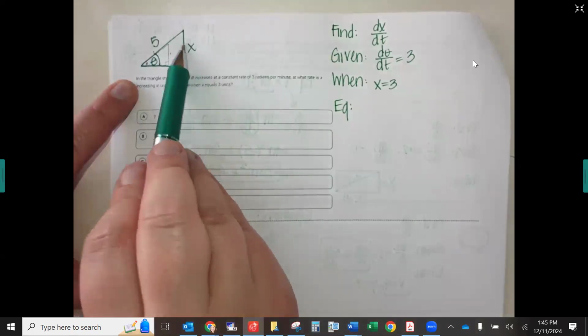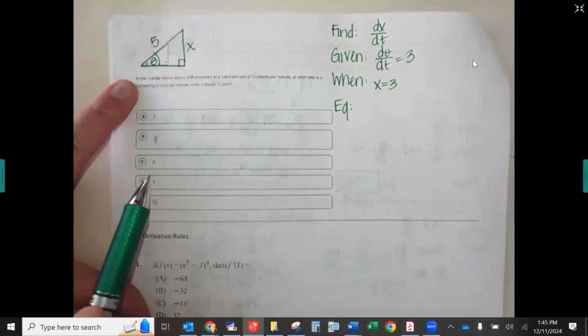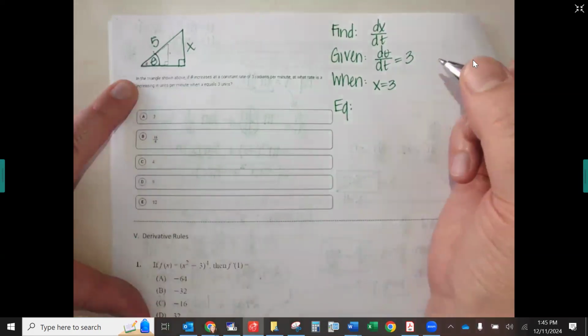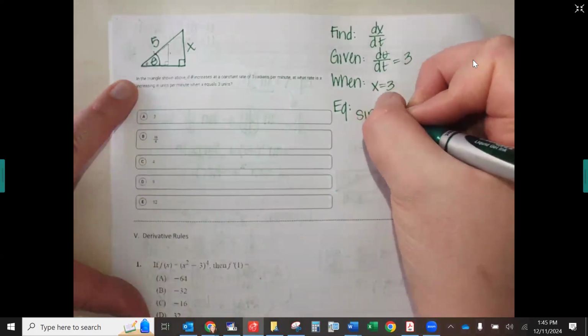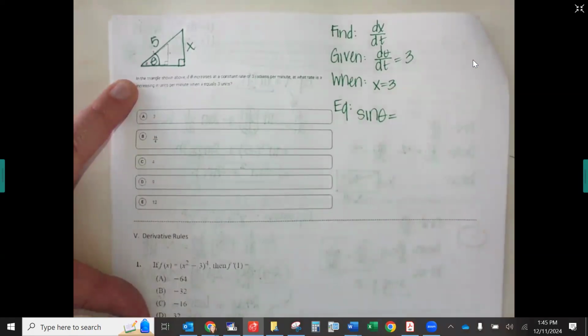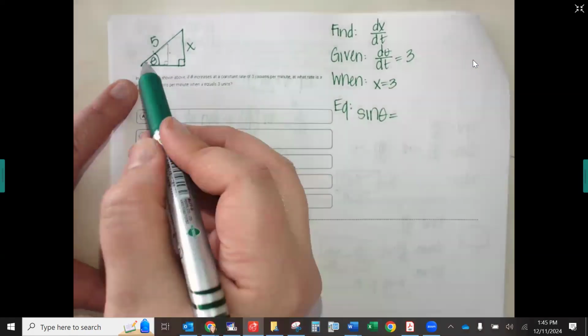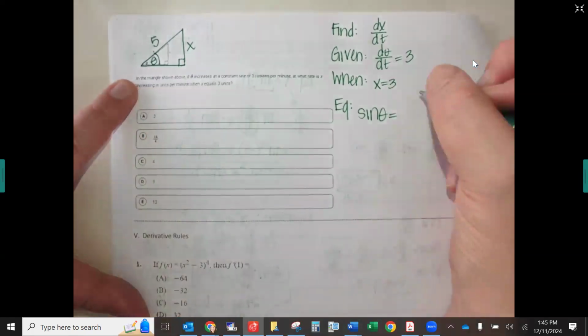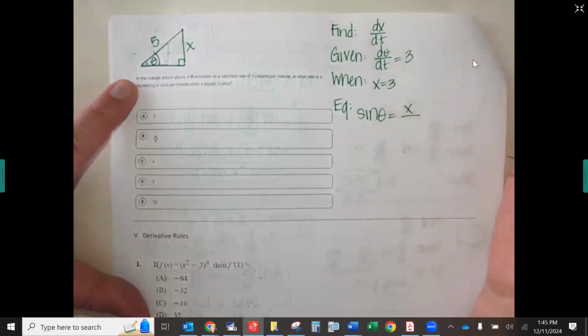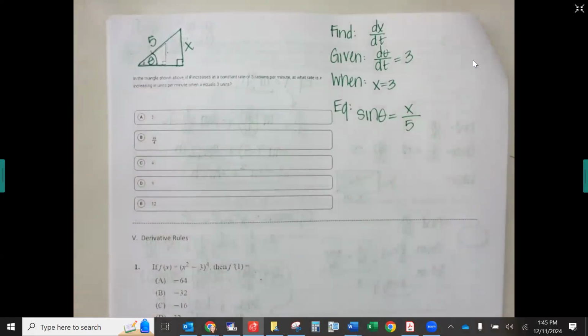TOA would be opposite over adjacent. That's okay. Which one? Sine. Sine theta equals, what's my opposite if my theta is down here? X. And then what's my hypotenuse? 5. Okay, but remember, we're picking the SOH, CAH, or TOA that has the sides in it that we want.